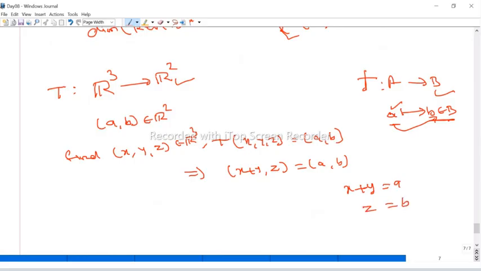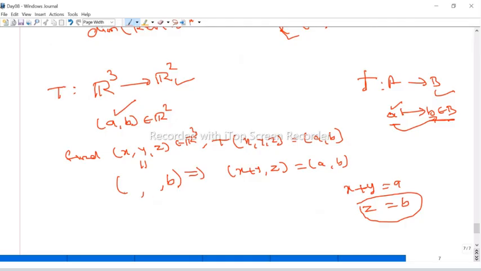Okay. Now what can we choose? We have to find x, y, z. So we found the last coordinate is always b. Anyway, we have to find this x, y, z in terms of a and b, because we know a and b. Now we find that the last coordinate is b.